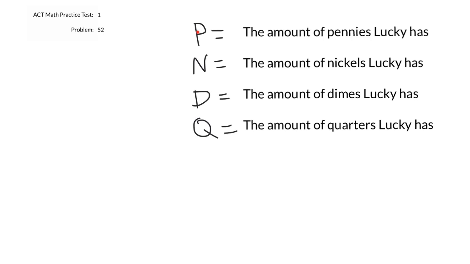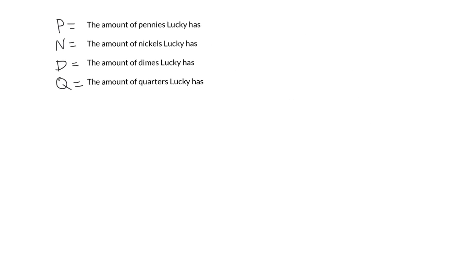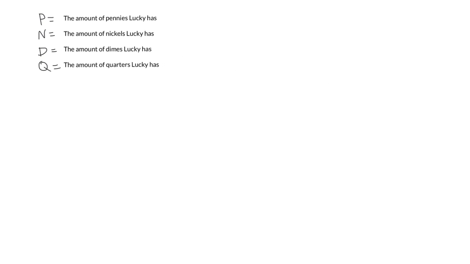First of all, let's make sure that we know that the following is true. So we're going to say that P represents the amount of pennies Lucky has, N represents the amount of nickels Lucky has, D represents the amount of dimes Lucky has, and Q represents the amount of quarters Lucky has. And we're just going to set that information off to the side and set up the equation that I was talking about.